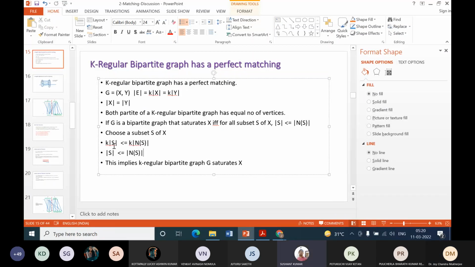Yes, they may not be distinct, but if we count the number of edges from the neighbor side, that should include these edges also. Yes, if we count the number of edges from the neighbor side. Correct.